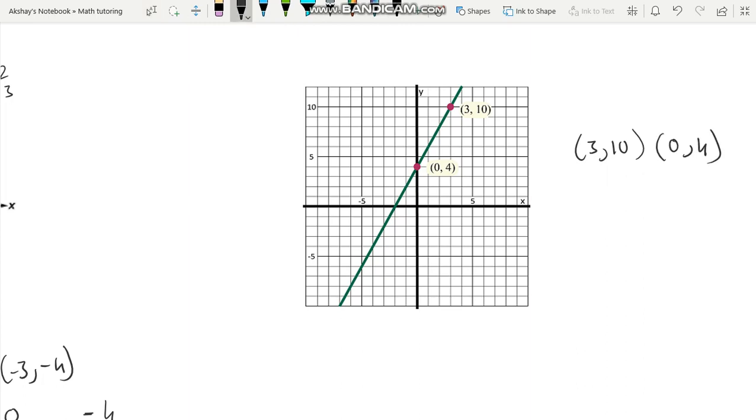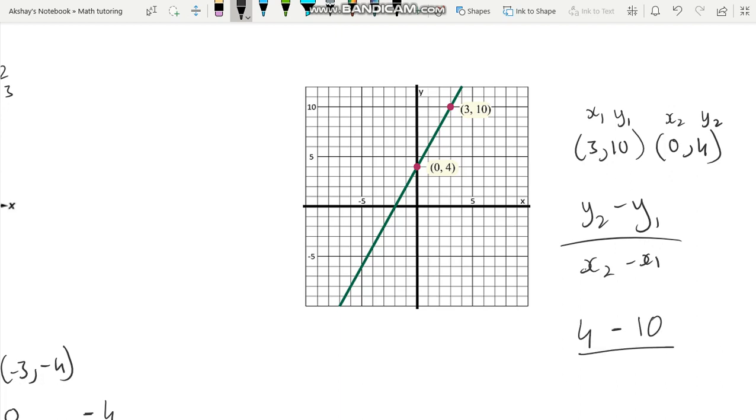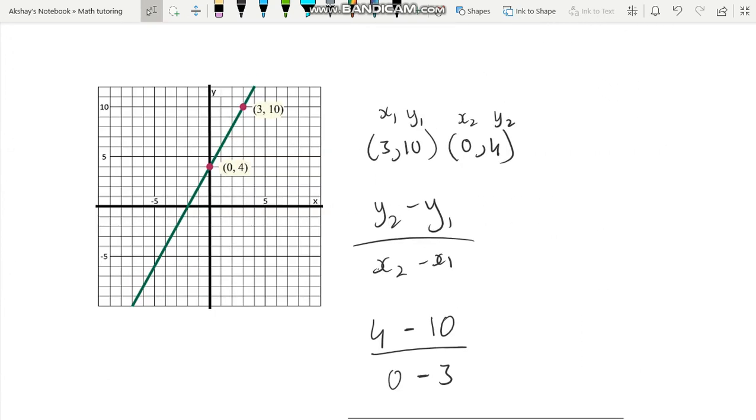Using my slope formula, y2 minus y1 divided by x2 minus x1. x1 is 3, y1 is 10, x2 is 0, y2 is 4. So y2 is 4, minus y1, positive 10, there we go. And then we have x2 which is 0, x1 which is 3. Simplifying that really quick, we have 4 minus 10, negative 6, over 0 minus 3, negative 3.